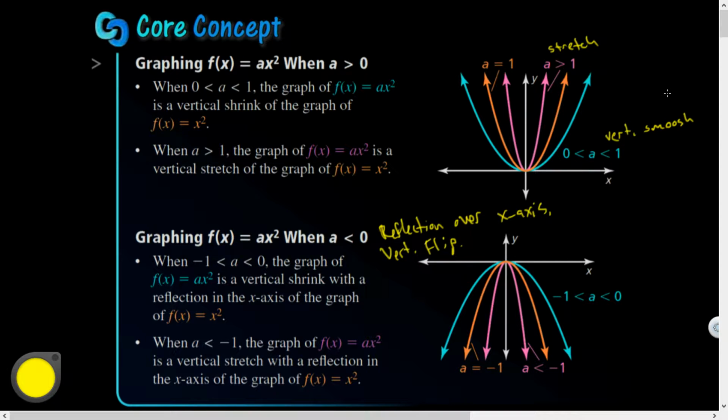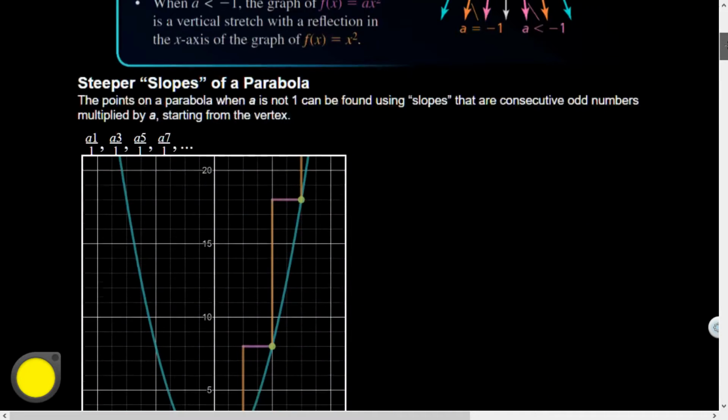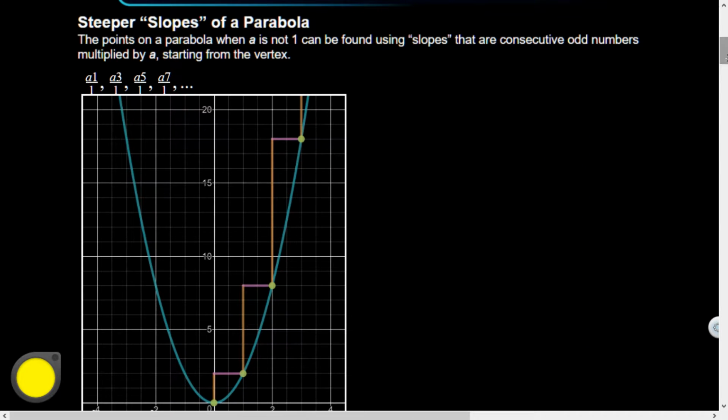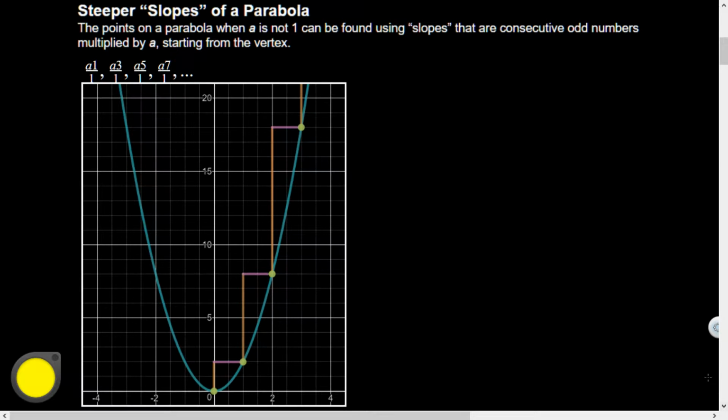Those are probably more semicircles than they are U-shapes or parabolas, I'm guessing. I don't know.